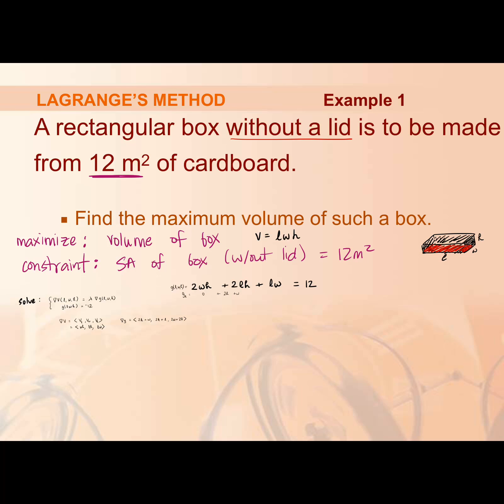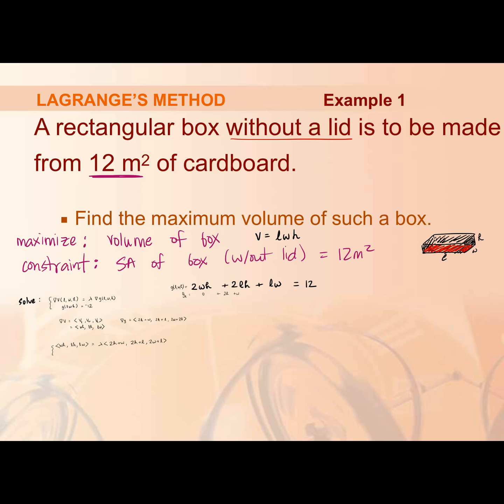Okay, so we need WH, LH, LW equal to lambda times (2H plus W, 2H plus L, 2W plus L).